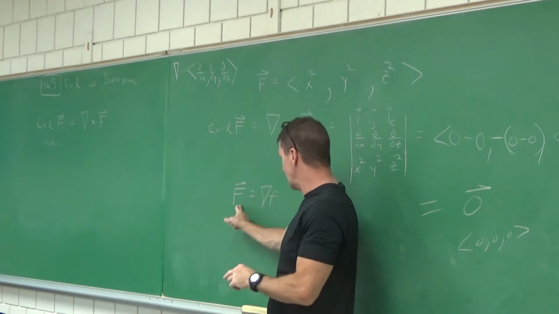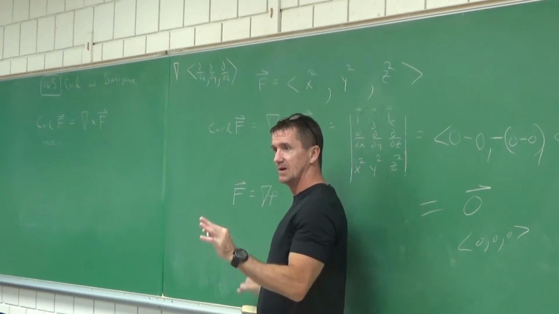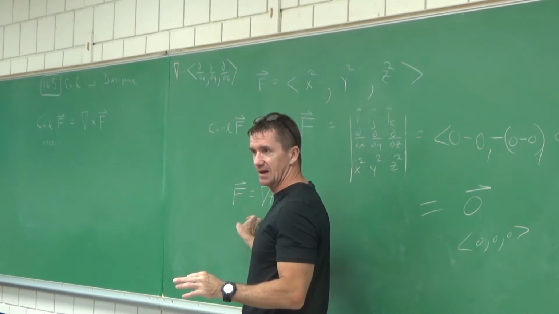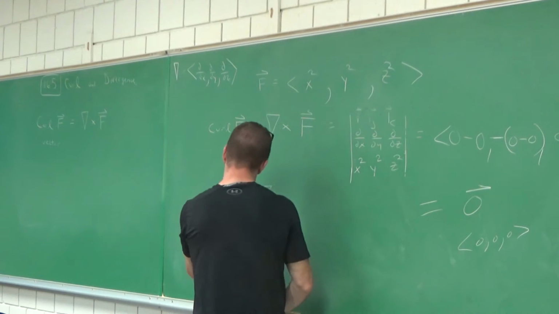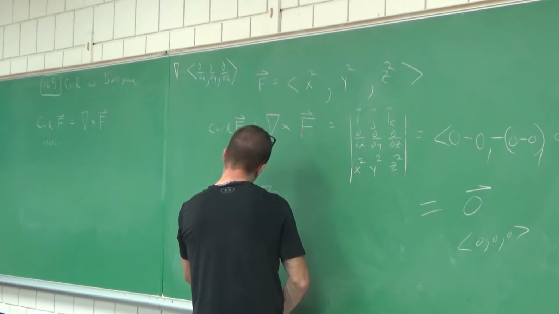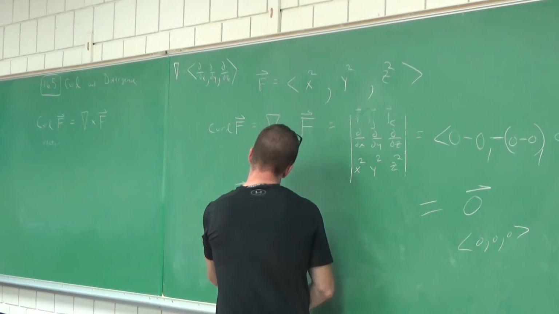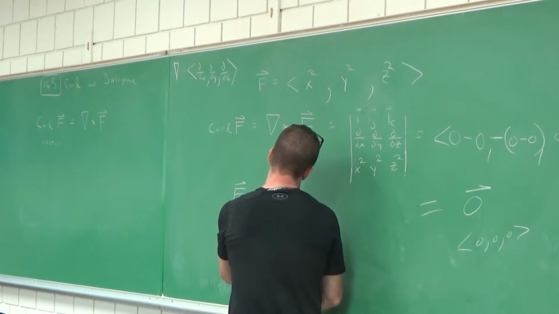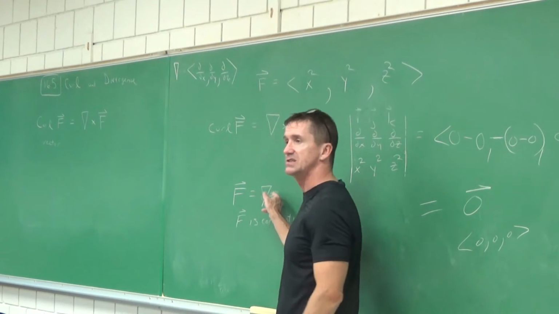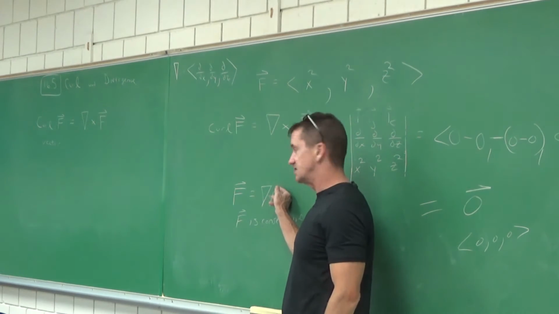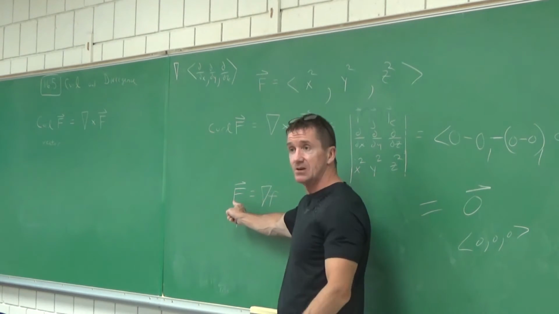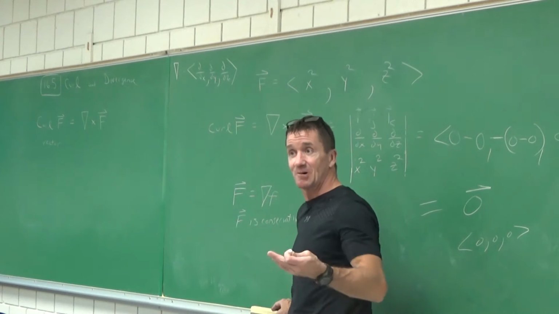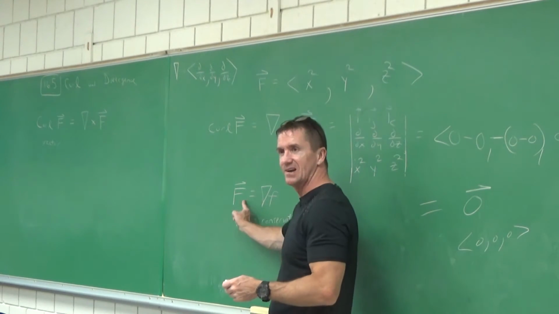This is what it means for a vector field to be conservative: that f equals del of some function. I'm saying there's a potential function that exists, such that the partial derivatives of that function equal that vector field. That's another way to say it.